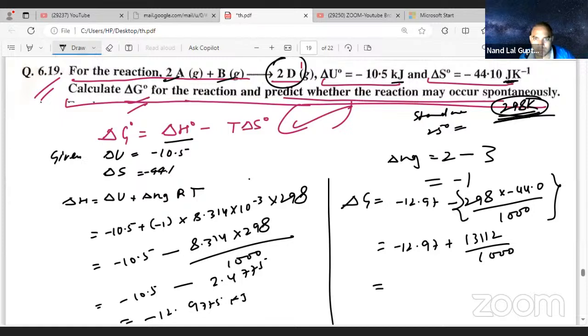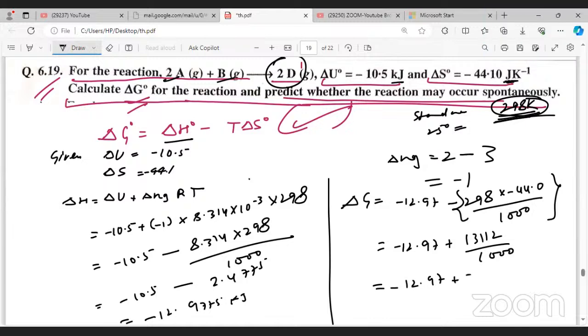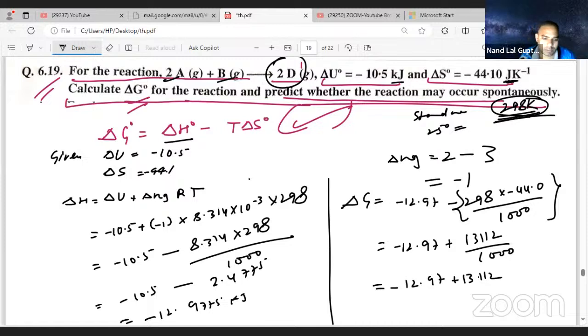So it is minus 12.97 and here is plus 13.112. So minus 12.97, what is going to come? Here the answer is coming 0.142. This is plus. Plus means that is non-spontaneous. Delta G positive means it is going to be non-spontaneous.